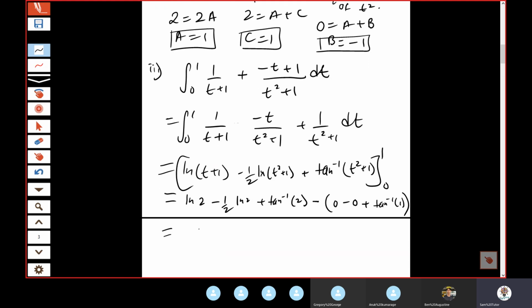Is that what you got, roughly? Log 2 minus half of log 2 is something like this, 3 on 2 log 2, plus inverse tan of 2 minus inverse tan of 1.